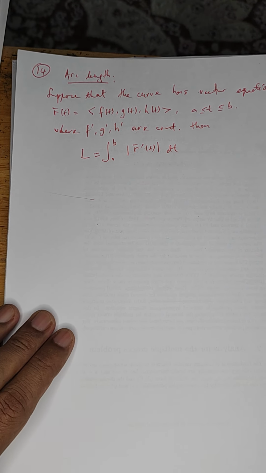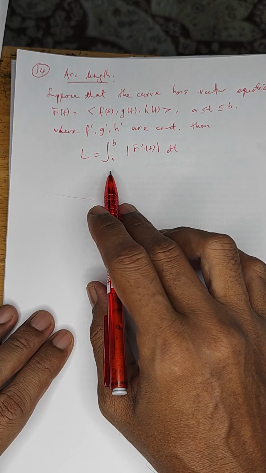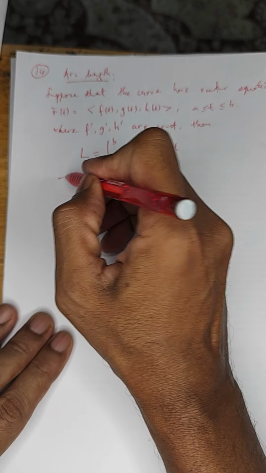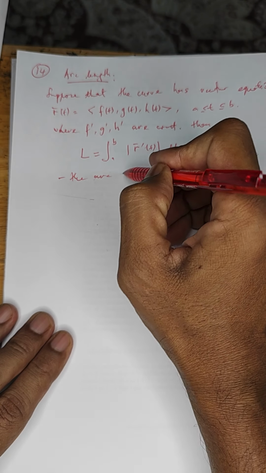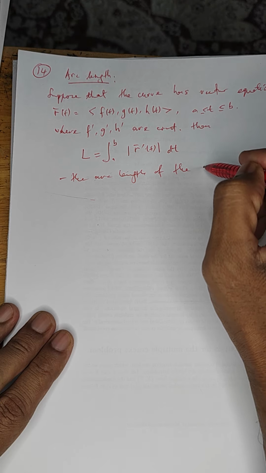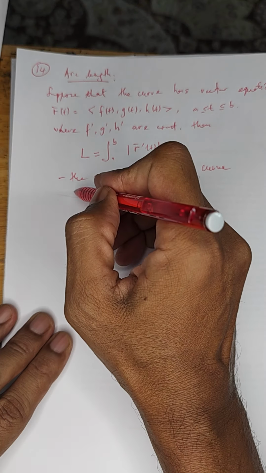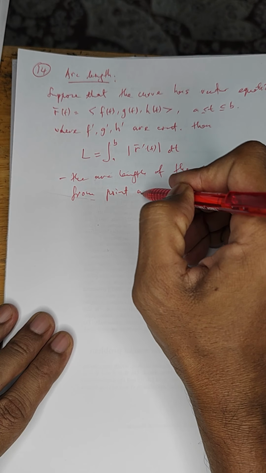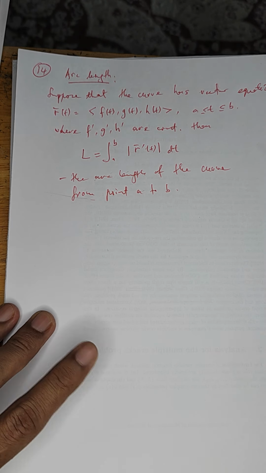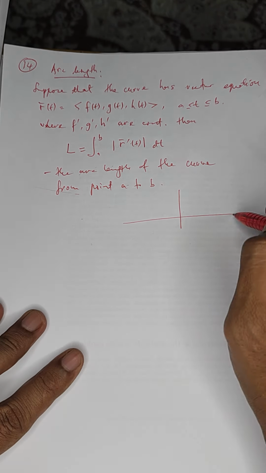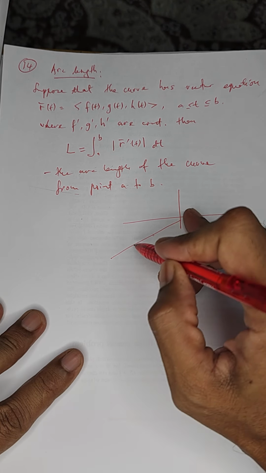So this is the arc length of the curve from point a to b.